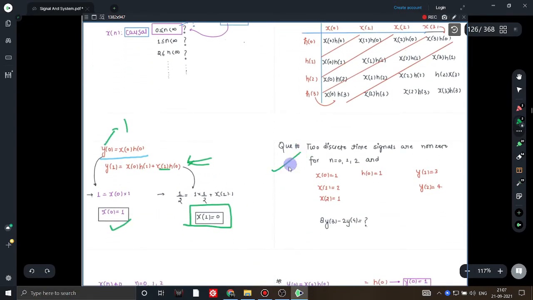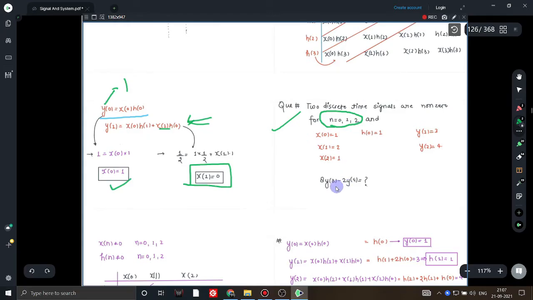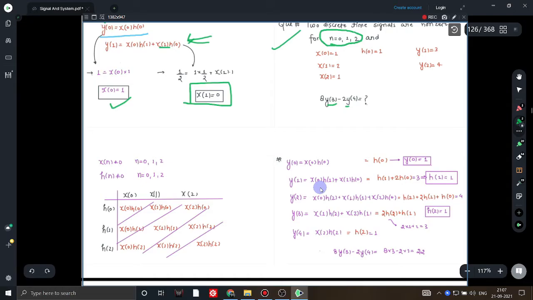For example, in this question, the question has given us the values of y for n from 0, 1 and 2. Now it is asking for y3 and y4.